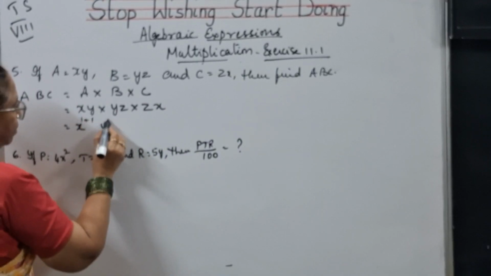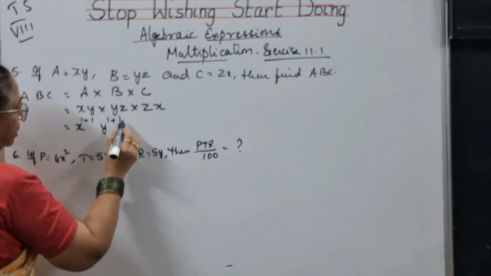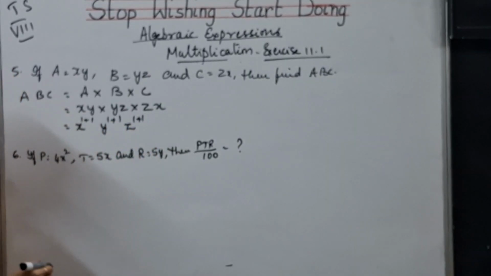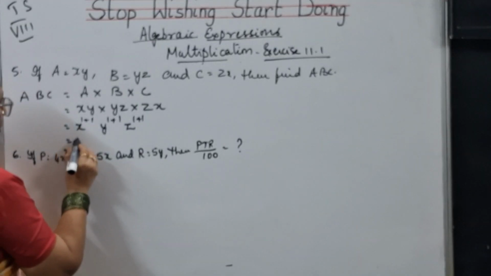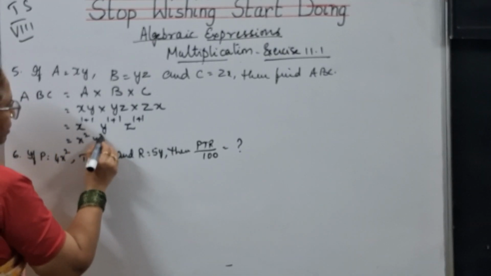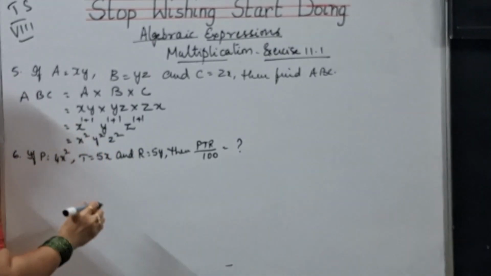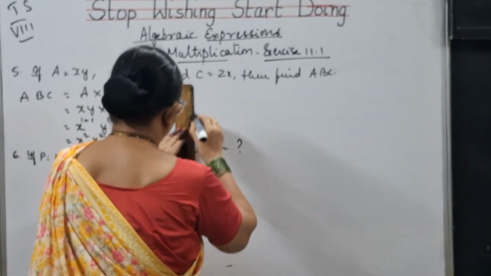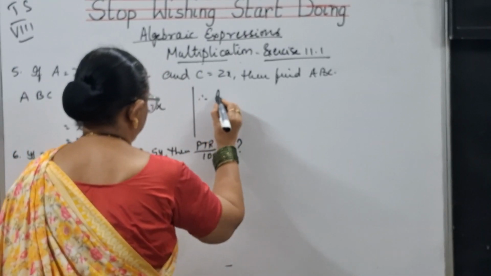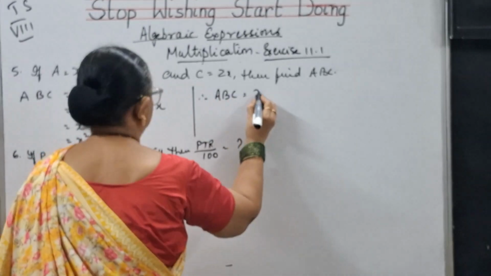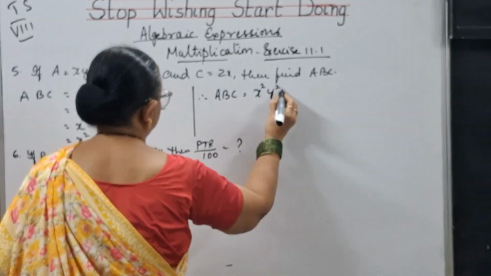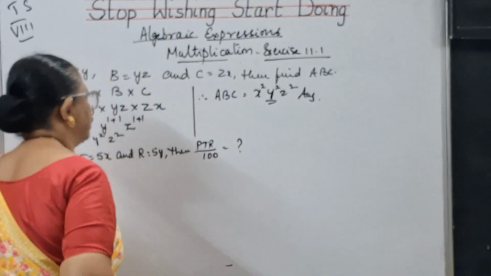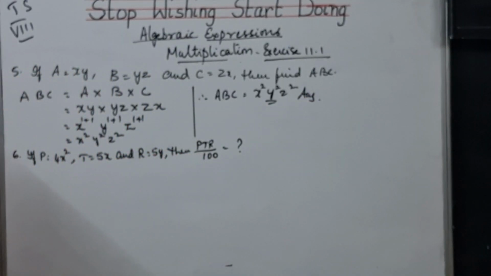And y: 1 plus 1. And z: 1 plus 1. So how much are you getting? x square, y square, z square. Therefore, abc is equal to x square, y square, z square, is the answer for this problem, children.